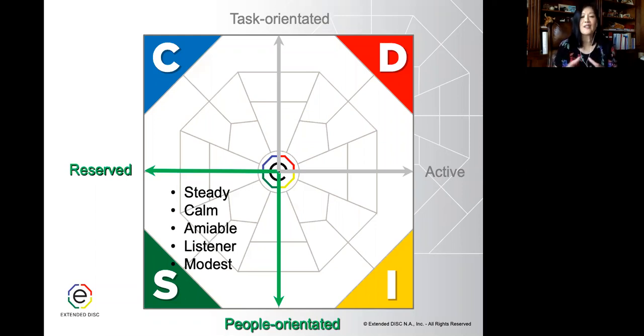And as we say, it doesn't mean that the S style, being on the bottom people-oriented half, cannot focus on tasks. It's just that their natural preference tends to draw to more people. Anything you would add to that, Marku?